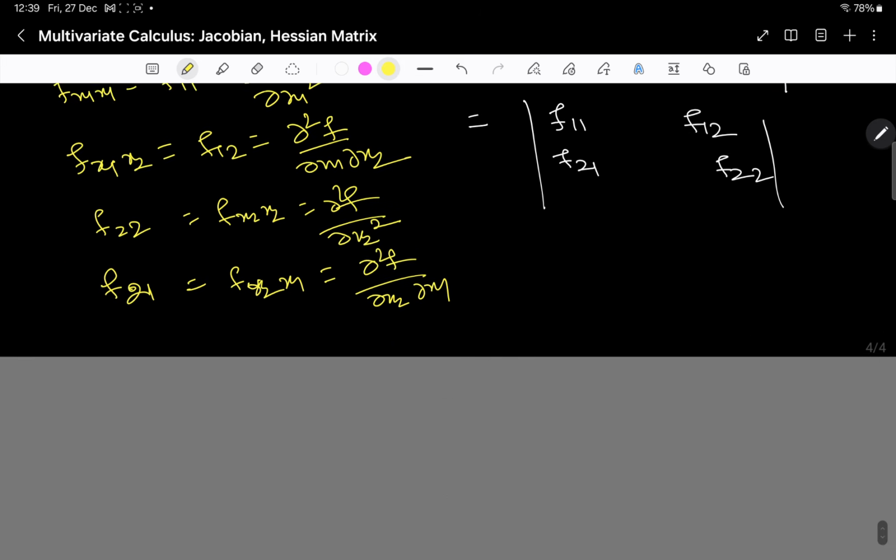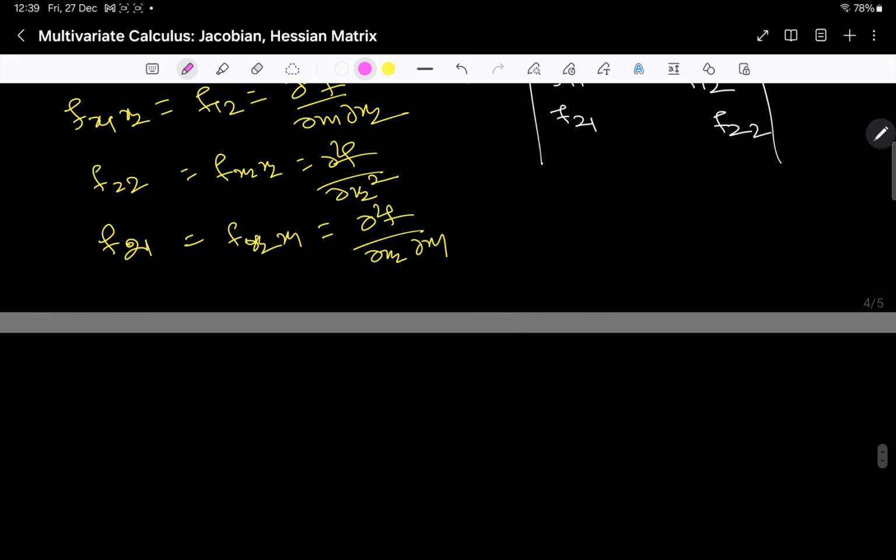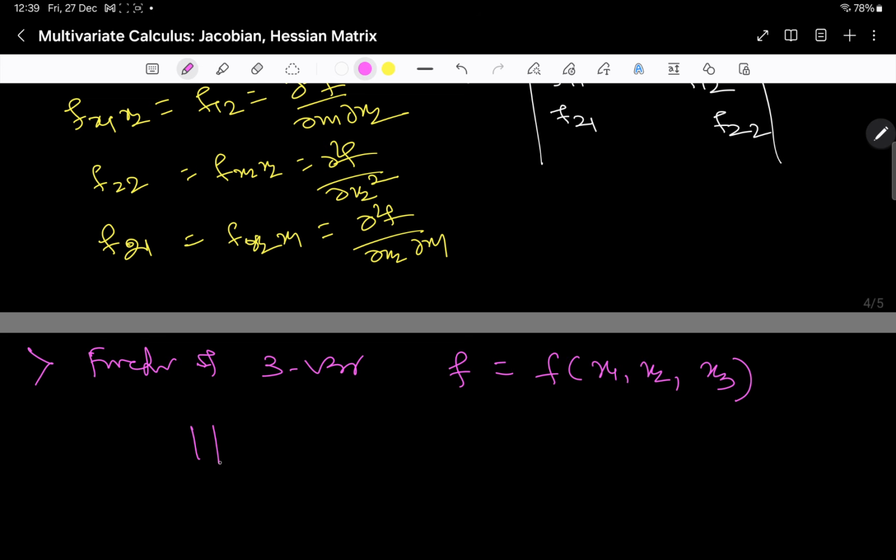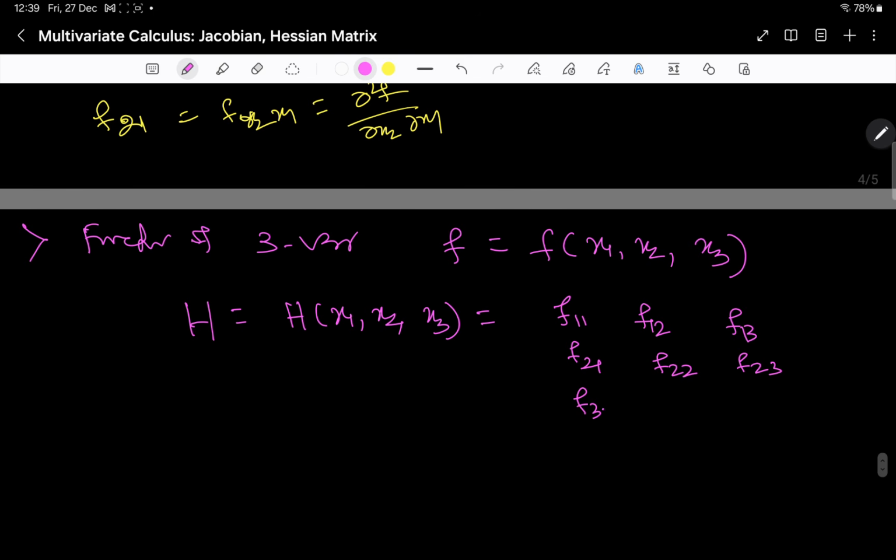Similarly, for a function of three variables, suppose you are given f of x1, x2, x3. What will be the Hessian matrix here? Here H of x1, x2, x3 will be f11, f12, f13, f21, f22, f23, and f31, f32, f33.